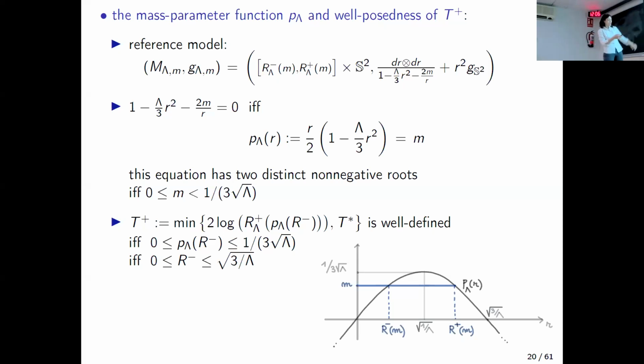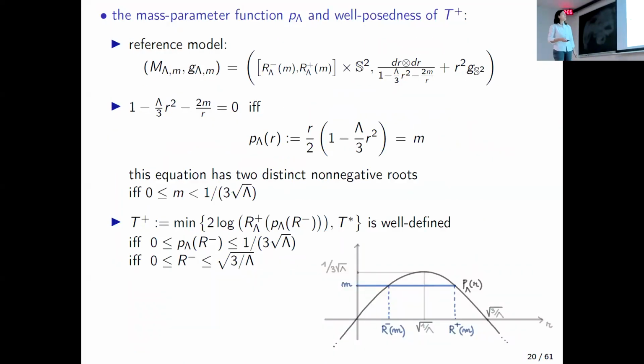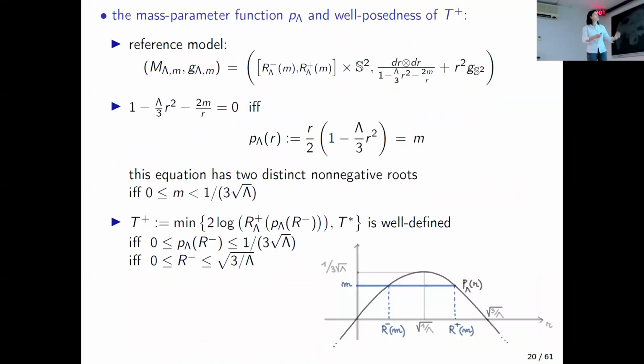So this is the setting. This was just a slide to define these two quantities, essentially t plus and t minus. It is essentially well defined only if this R minus, which I haven't defined here, so it's better if I skip this part because it is a bit technical. But let me just say one important thing: if you look at the model, what are these two R?